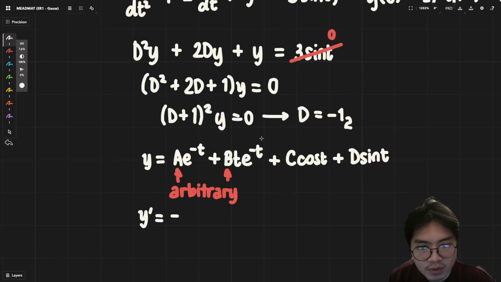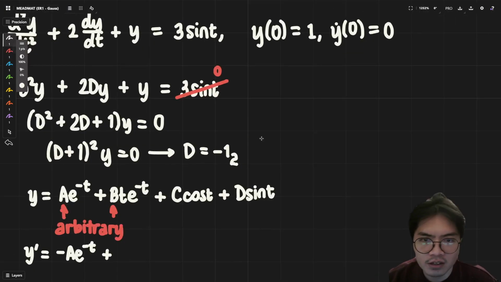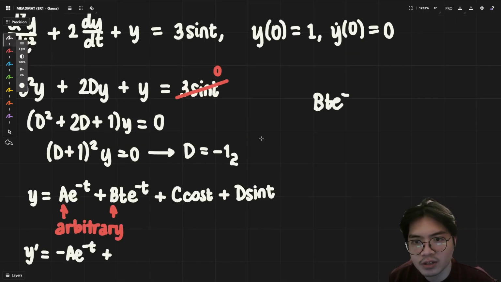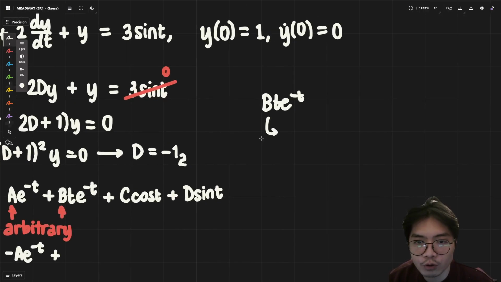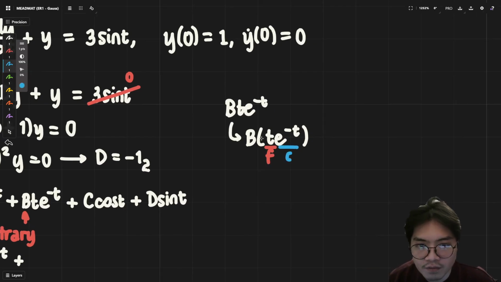y prime is going to be -a e raised to -t. This thing is going to be a little bit harder to derive. Let's just bring it out, bt e raised to -t. If we're going to factor out the b, we will have this, and then let's just product rule it. This is f, this is g.